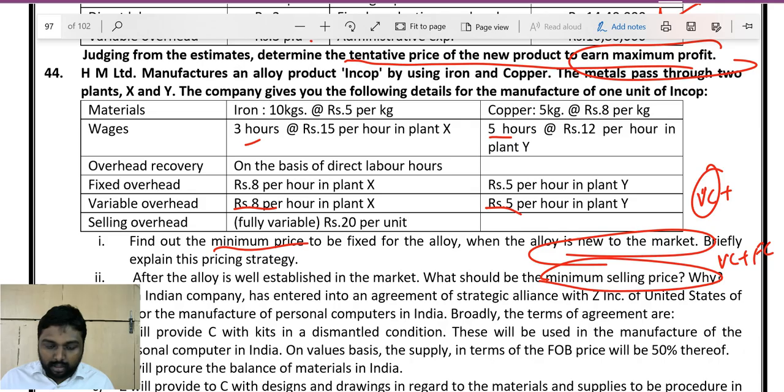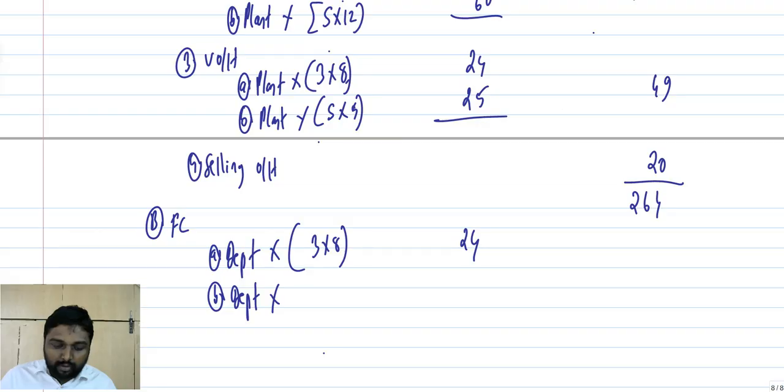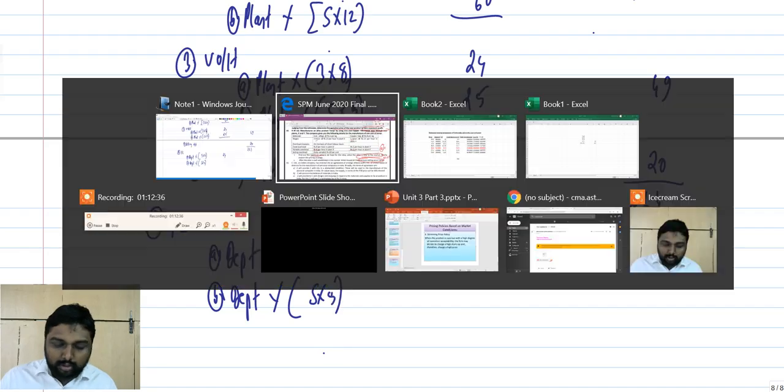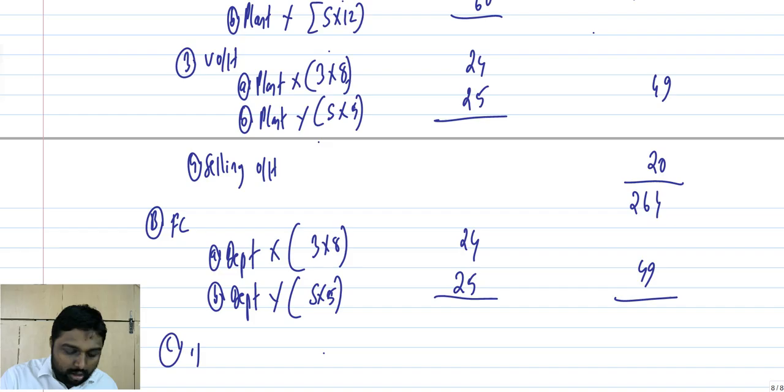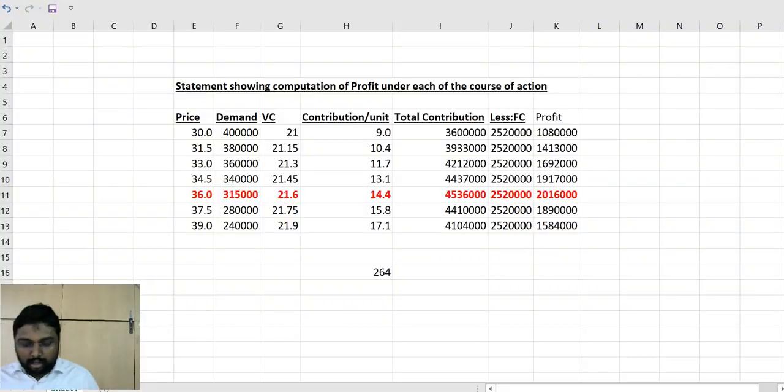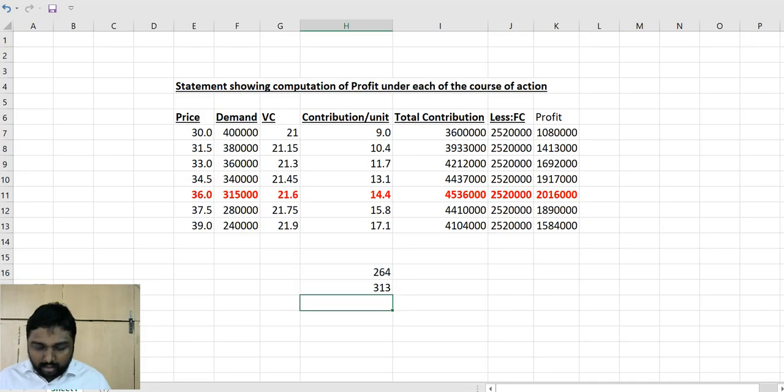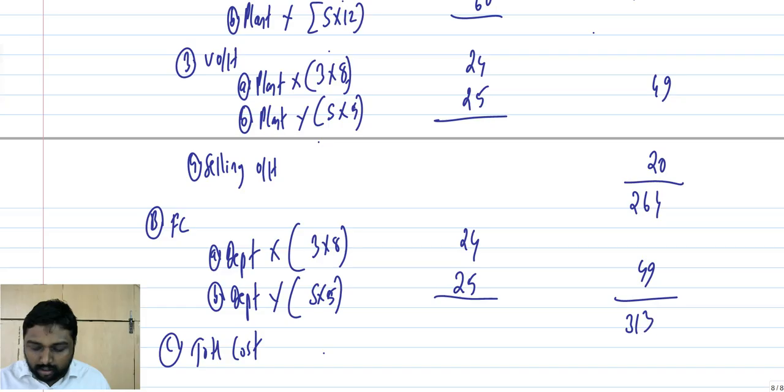Department Y, 5 into 5, because both are the same. 5 into 5, 25, 49. What is the total cost? Total cost will be this plus 49, which will give 313.